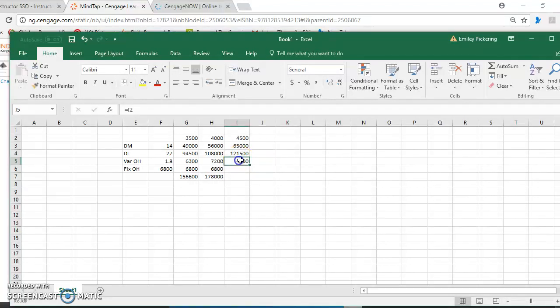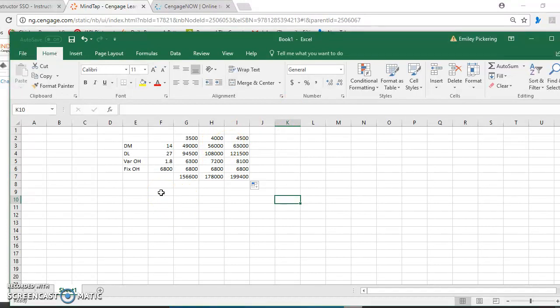And this is my cost at 4,500. This is what it should be. And then you can just go ahead and compare that to what you actually had when you produced maybe 4,000 or however many you did.